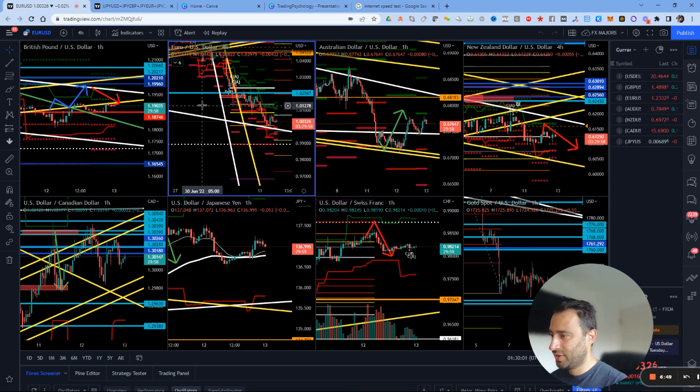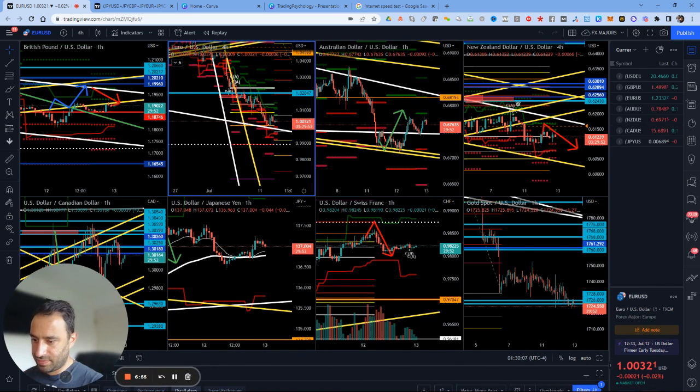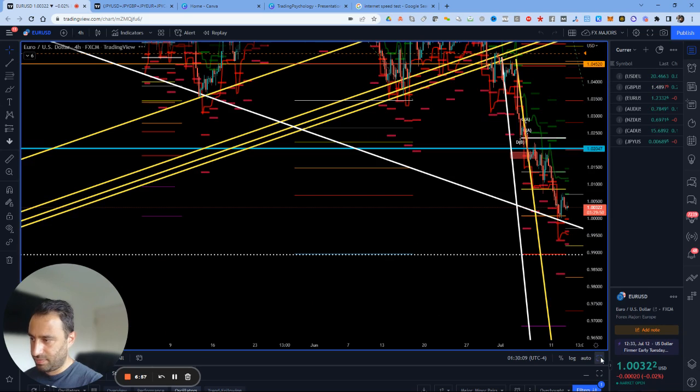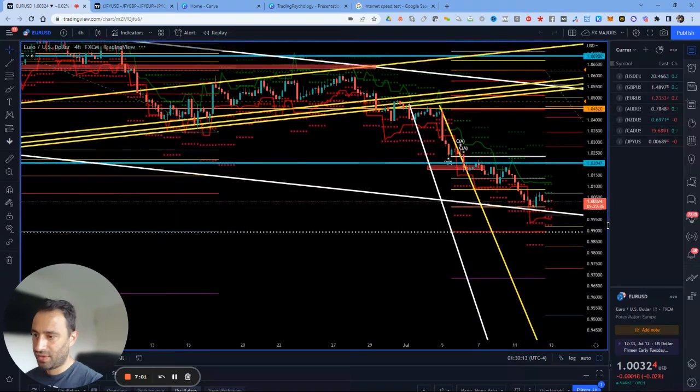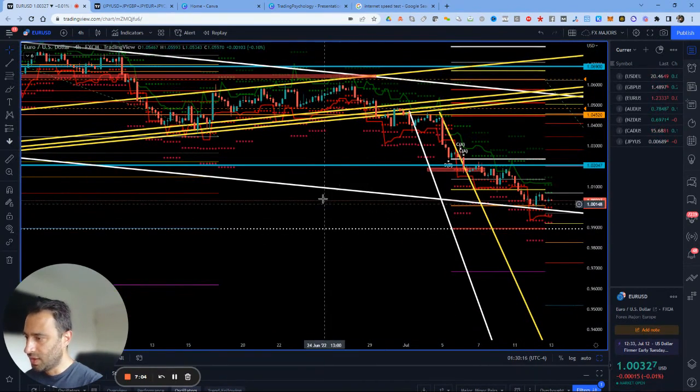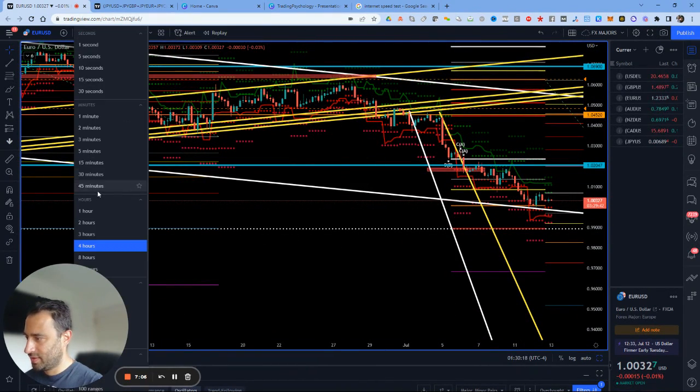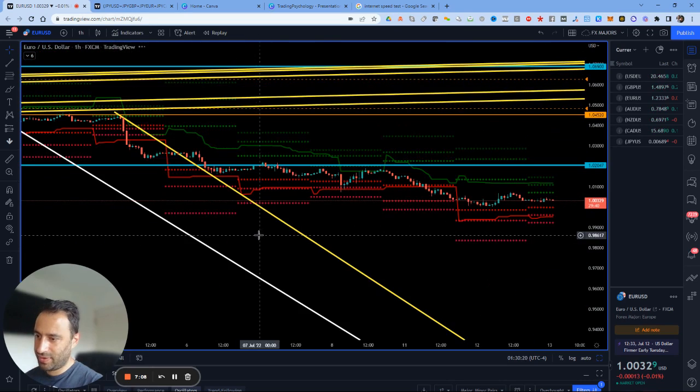So if we bring in the euro dollar, here's the kind of thing that I would be doing. Let's make this bigger. So this is the current 4-hour chart. I'll make this a bit cleaner by going onto the hourly chart.